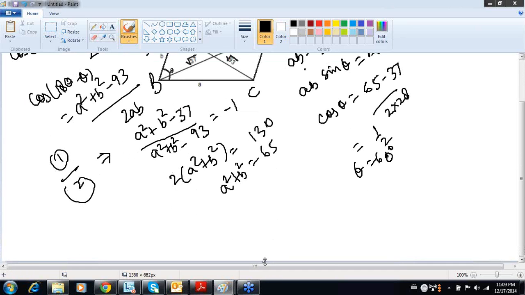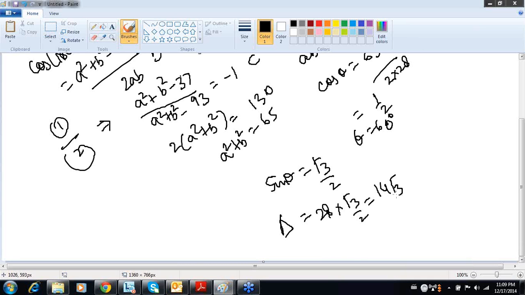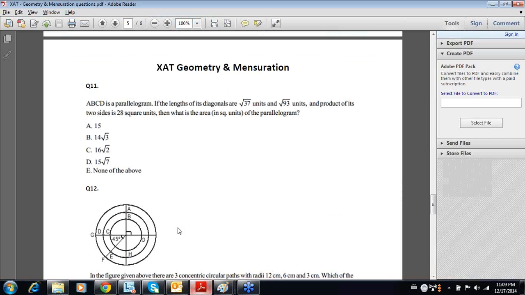If theta is 60 degrees, sine theta is root 3 by 2. Now put that in the equation. So area will be ab sine theta, that means 28 into root 3 by 2, which is equal to 14 root 3. So we have our option 14 root 3.